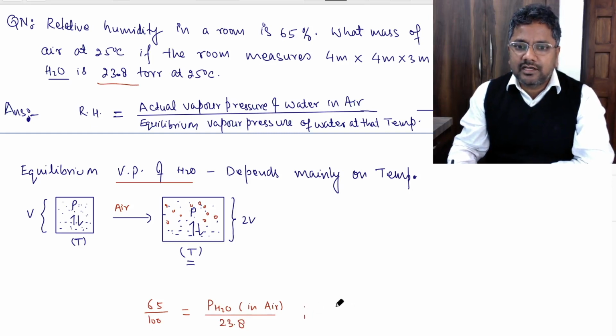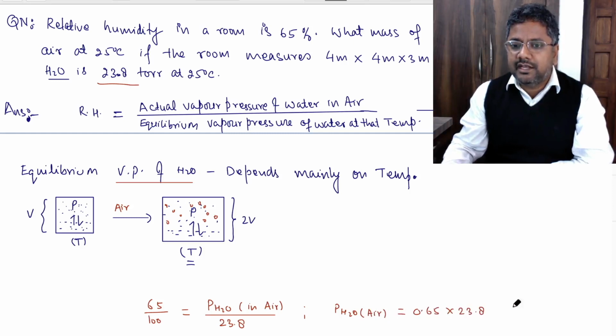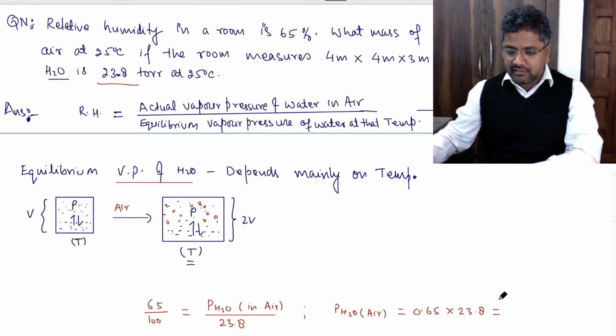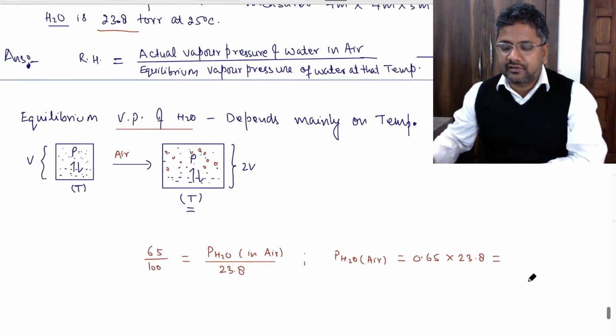So the pressure of water in air is 0.65 into 23.8, which is equal to 15.5 torr.